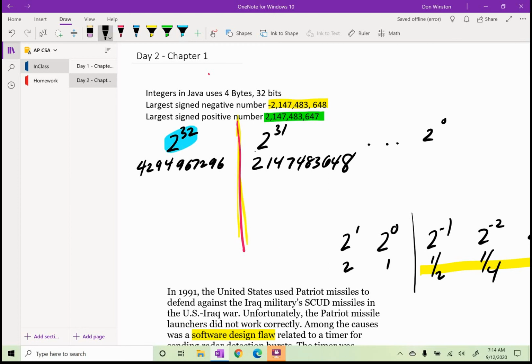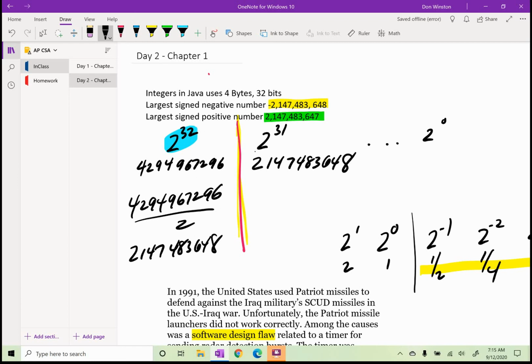And so it's like we split the bits in half. If I divide that by 2, you'll get 2,147,483,648.